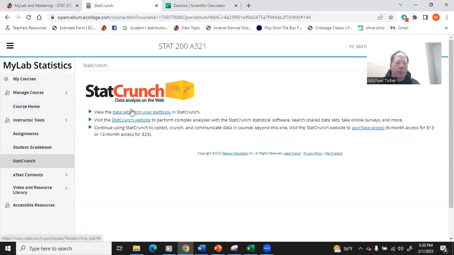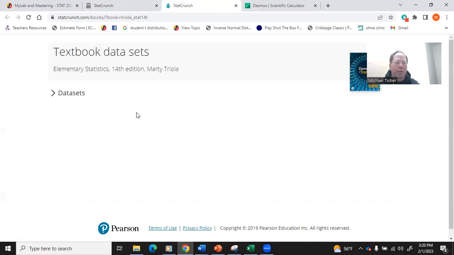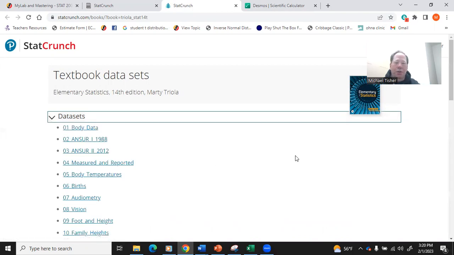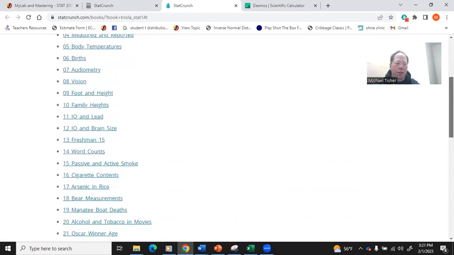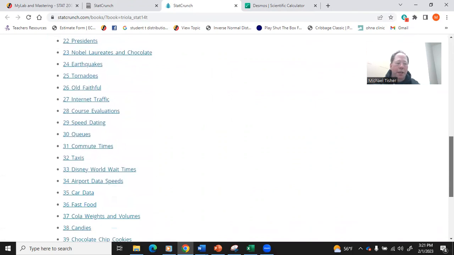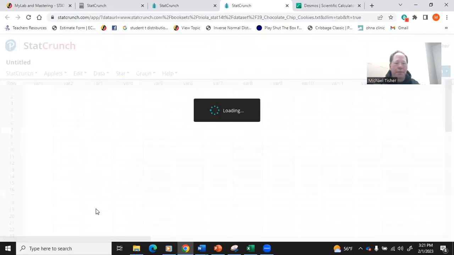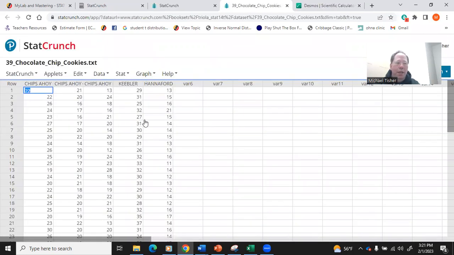We're going to open up the data sets from our textbook by clicking on this link, and it wants us to look up data set 39. So we'll click on this arrow, scroll down, and look for 39. And it's right here, 39 chocolate chip cookies. So click on that. And we want Keebler, which is in this column right here.